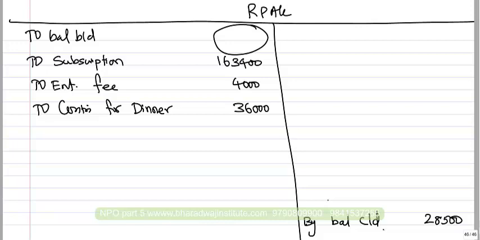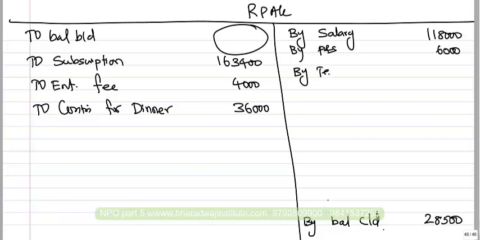Then the payment side. Salary 1,18,000. Printing and stationery 6,000.